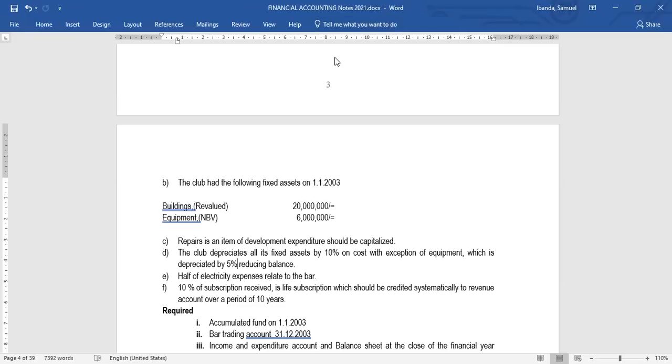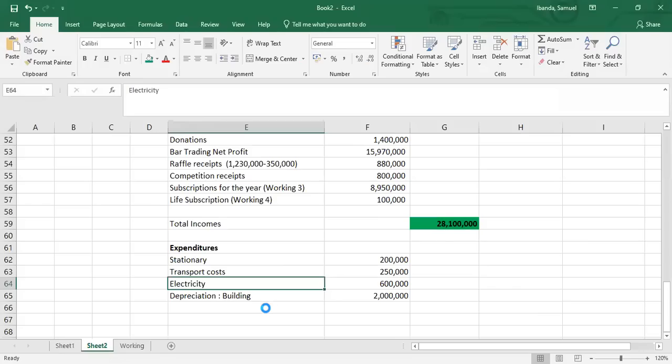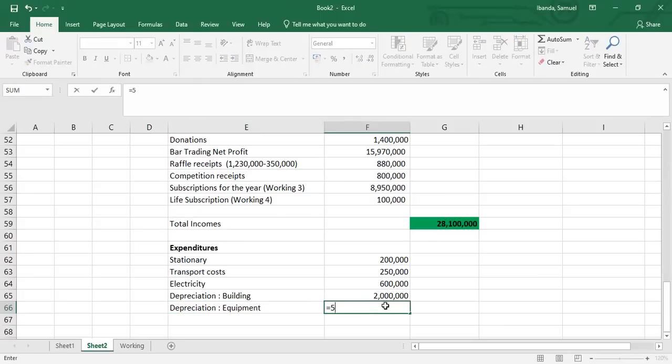So I'll just come here, depreciation, equipment. Multiplied by 6 million. Okay, so that is what I have.